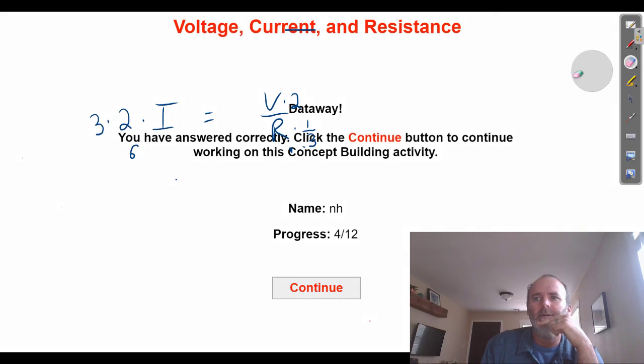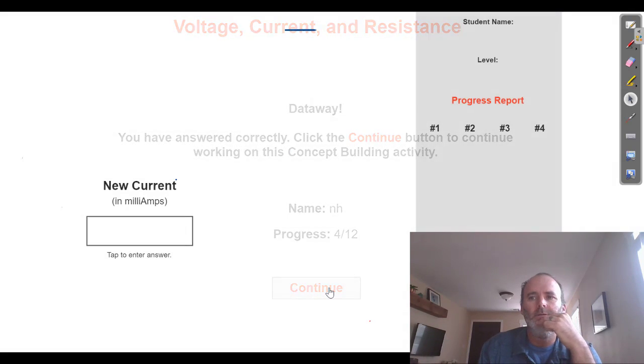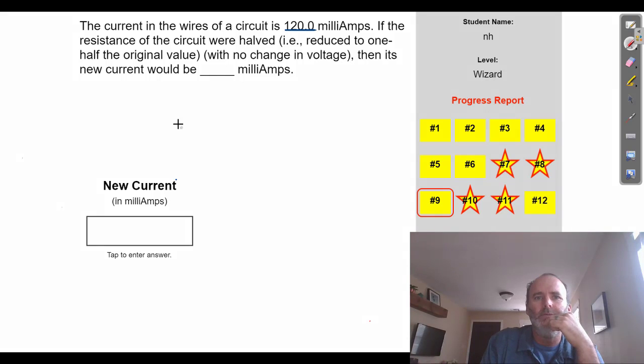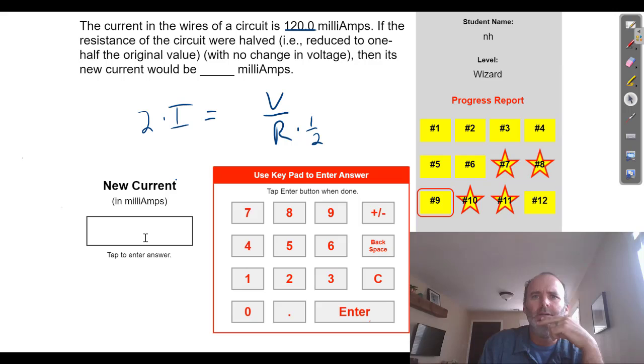One more for good measure. I equals V over R. The resistance is halved, so I multiply that by 2, and no change in voltage. This one wasn't that hard. That gives me 240.